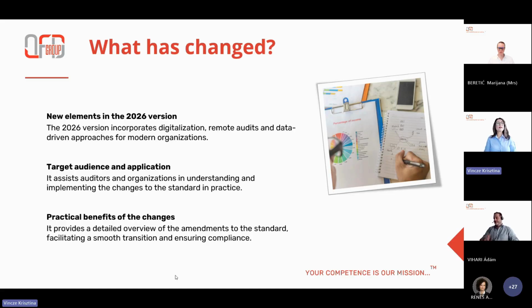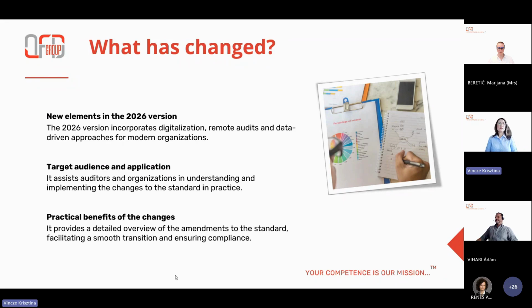Firstly, we have to speak about what has changed and what the new items in the standard are. Generally, the structure has not changed. The chapters are the same, only new items appear, or in some cases there are much more detailed rules that we can find there.